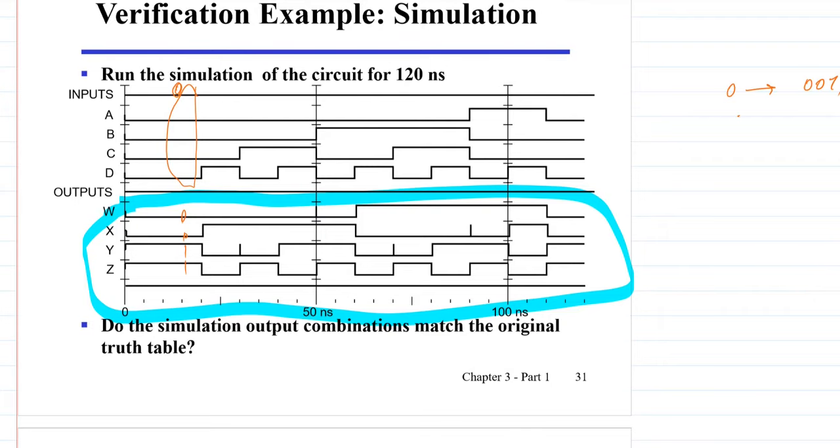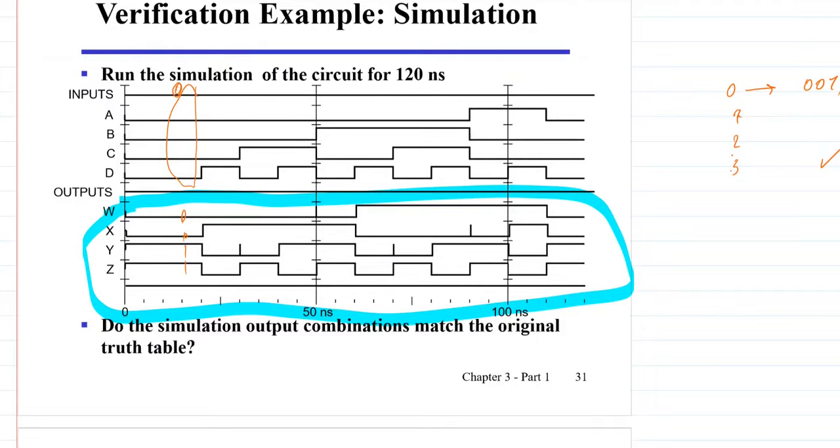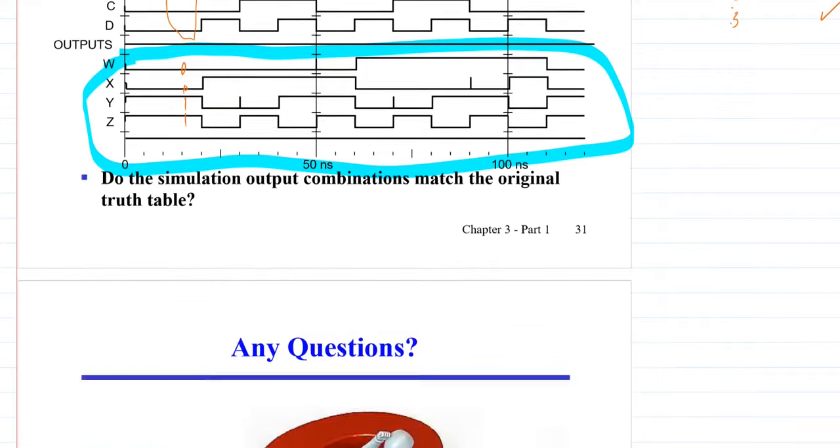If you check this for all the other decimal numbers, you will see that the verification is indeed done properly. The output signals here are obtained by running the simulation, and it verifies that our circuit is designed in a proper way. So we are done with the verification of the circuit design as well.